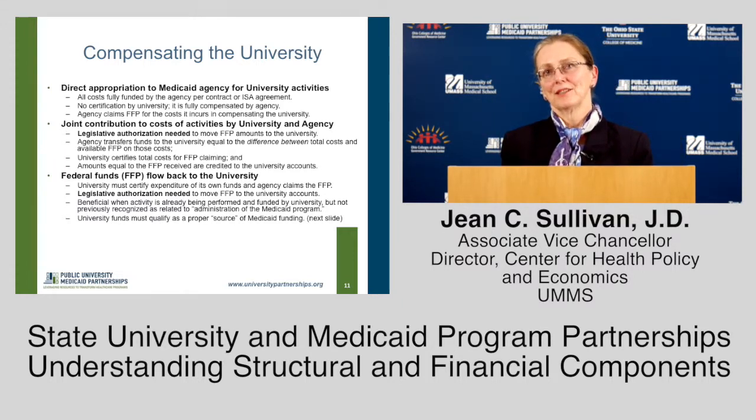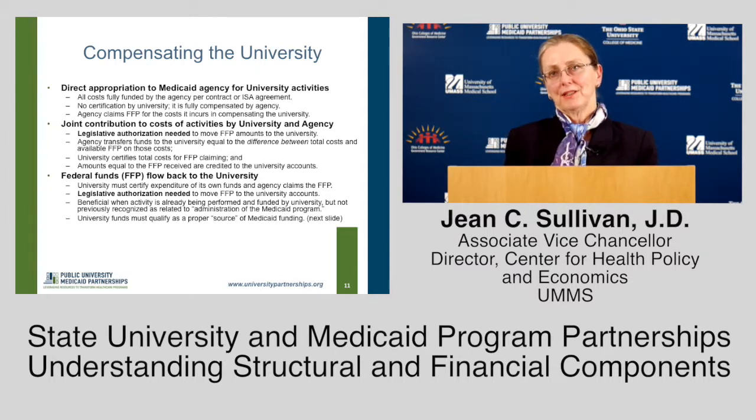The first is a direct appropriation from the Medicaid agency to the university, usually through some sort of interdepartmental service agreement, ISA agreement so-called. And in this case, the agency pays for the full costs incurred by the university in supporting the Medicaid program.